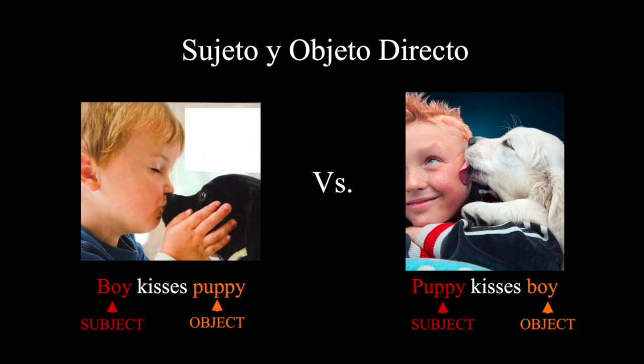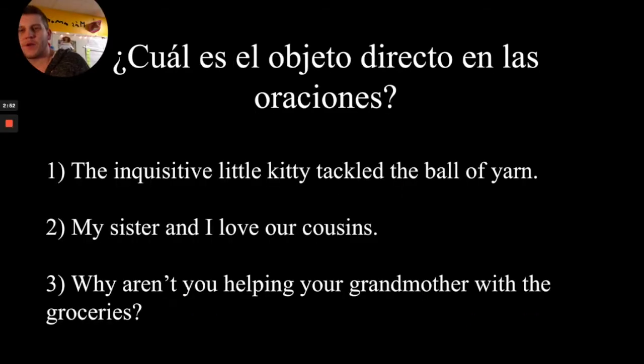On the right side, the puppy kisses the boy. Now the puppy is doing the action, so the puppy is the subject, and boy is the object. And yes, I have taken the word the out of there just to simplify this. I wanted to focus on who was doing the kissing here. That's who your subject is. And then who is being kissed? That's your direct object.